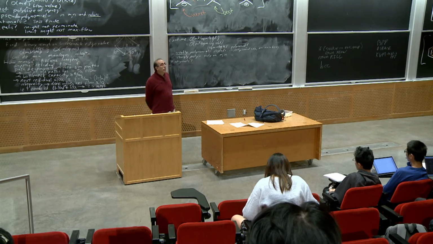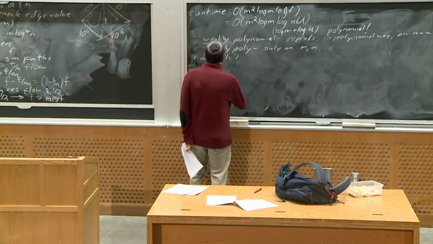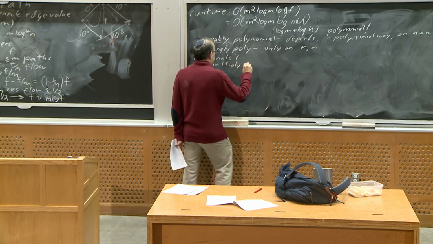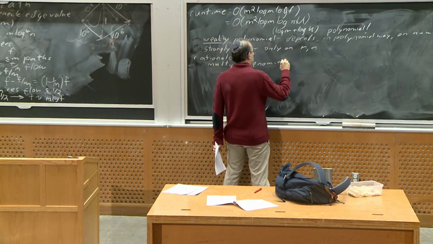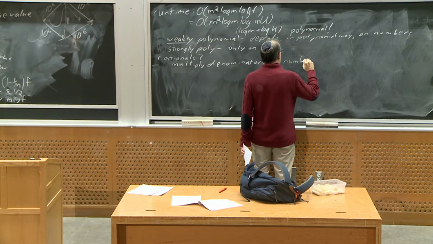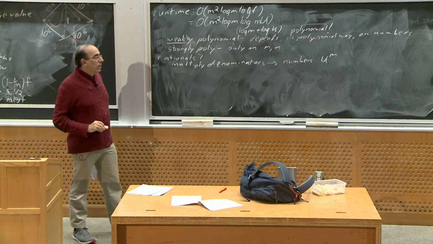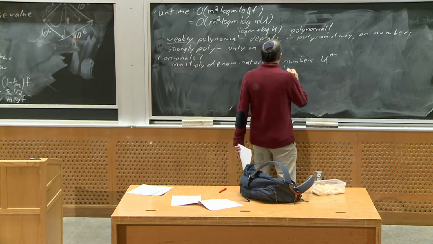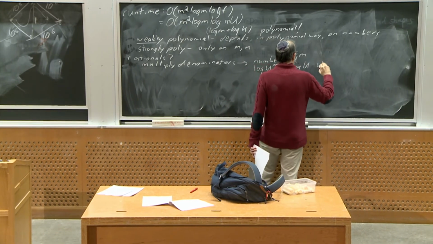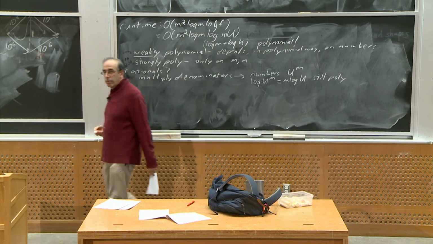Exactly. So we can multiply denominators, which makes our numbers increase to look like u to the m power. Fortunately, log of u to the m is just m log u, and so it's still polynomial, but it's a worse polynomial by a factor of m.